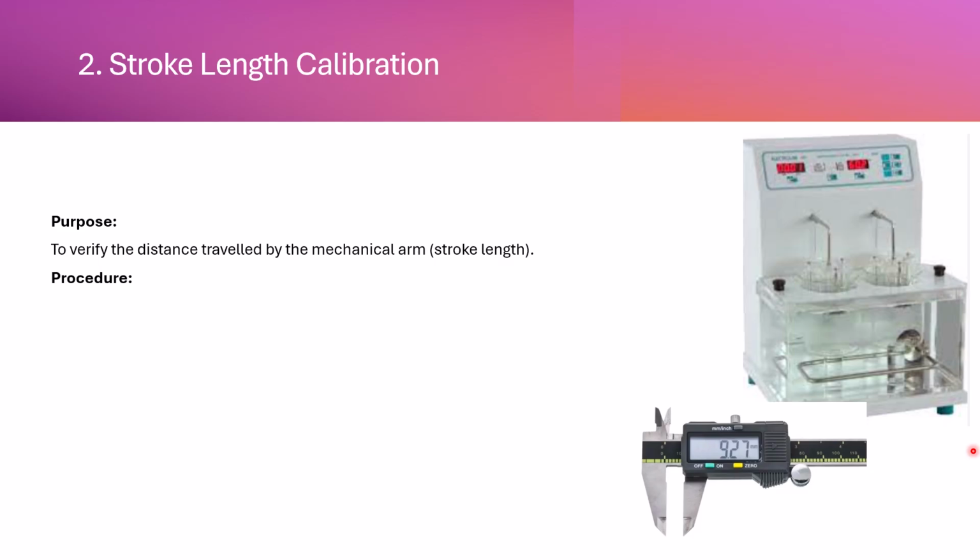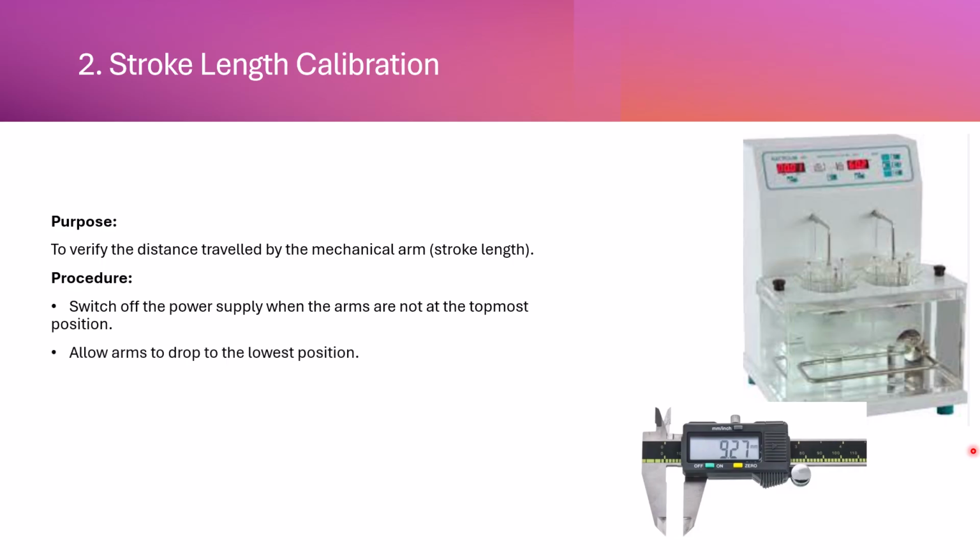So the procedure is, first ensure the instrument is powered off and the mechanical arms are positioned below the topmost point, right? Allow the arms to move freely and settle at their lowest position under gravity. Then, using a precise scale, mark the highest and lowest points reached by the arm during its cycles.